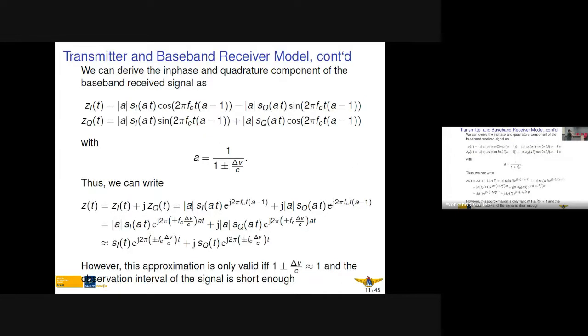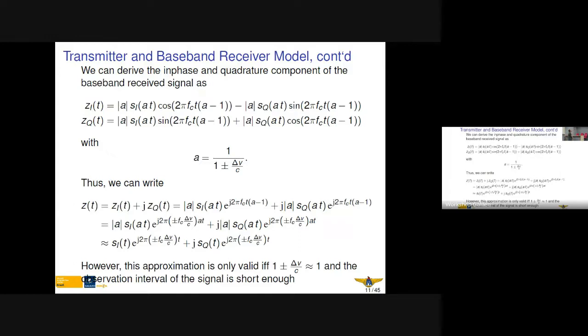We can derive the in-phase and quadrature components of the baseband received signal. I use again the notation with a, where a is equivalent to 1 divided by 1 plus minus Δv divided by c. So we get these two components after the low pass filter.